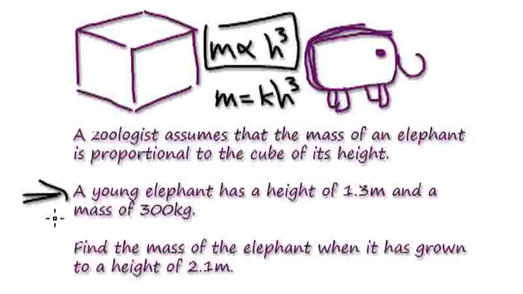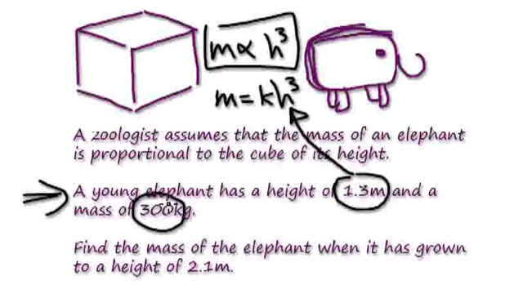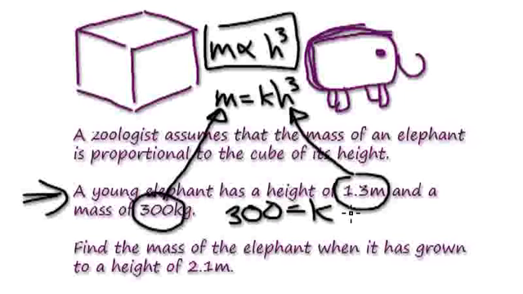Now you're given an initial condition, if you like. A young elephant has a height of this, so now you know the height, and you know the mass, so you put them in here to find your k. So mass equals 300, and then you have your k times 1.3 to the power of 3. Okay, so it's just a matter of working out k.